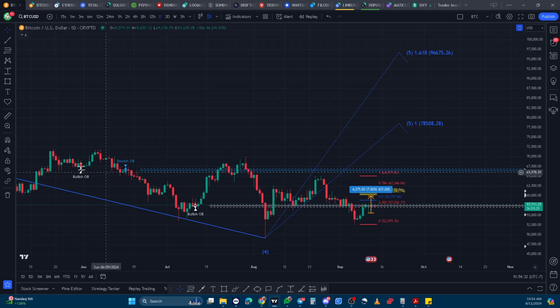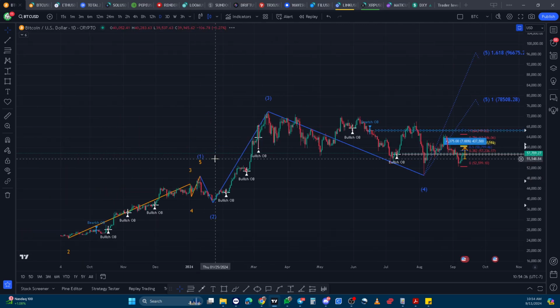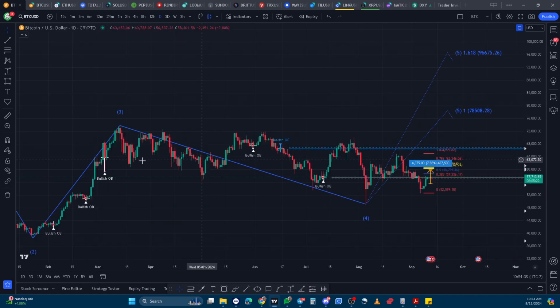And 66K is important because over the course of this 170-day, 180-day accumulation phase, we've hit 66K multiple times, right? We couldn't hold above it in this area, we tried to get back above it again, failed again, came short of it again.